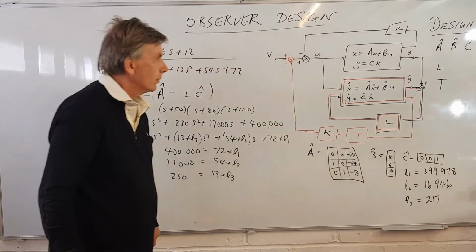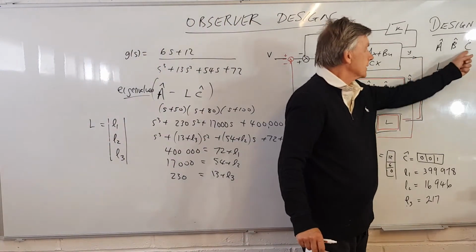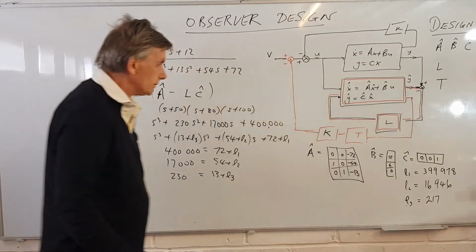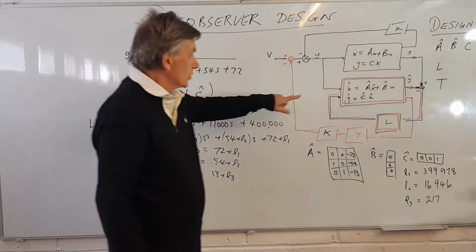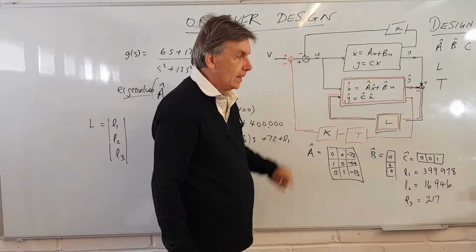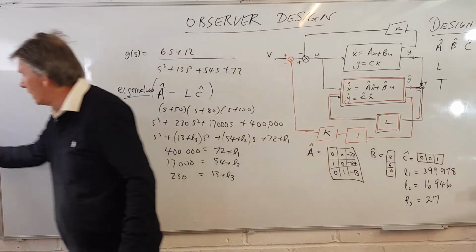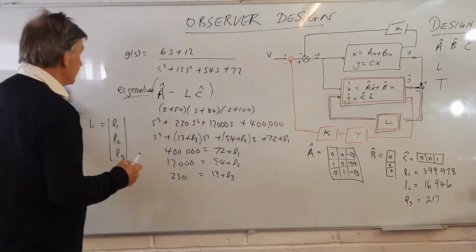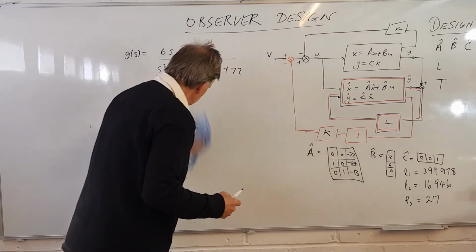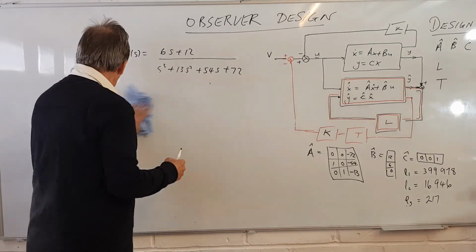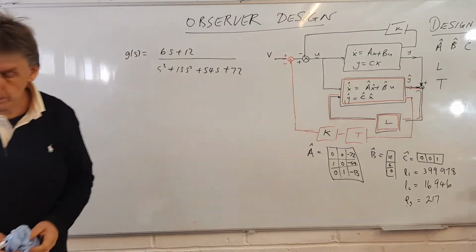So we've now got A hat, B hat, C hat and L. The final thing now is to work out the T. Now the T is a transformation matrix which converts these into these. So we now need to compute the T matrix.